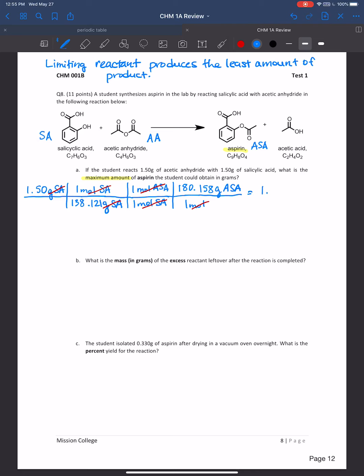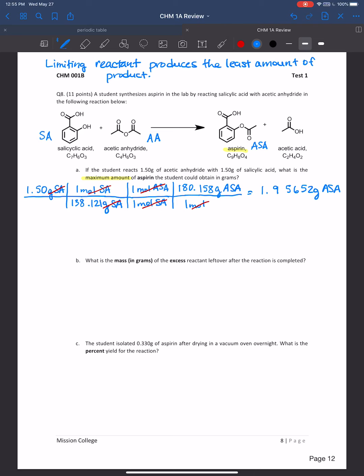You get 1.95652 grams. And make sure you're always labeling what chemical you're referring to. In this case, we're referring to the aspirin. I've abbreviated it as ASA.